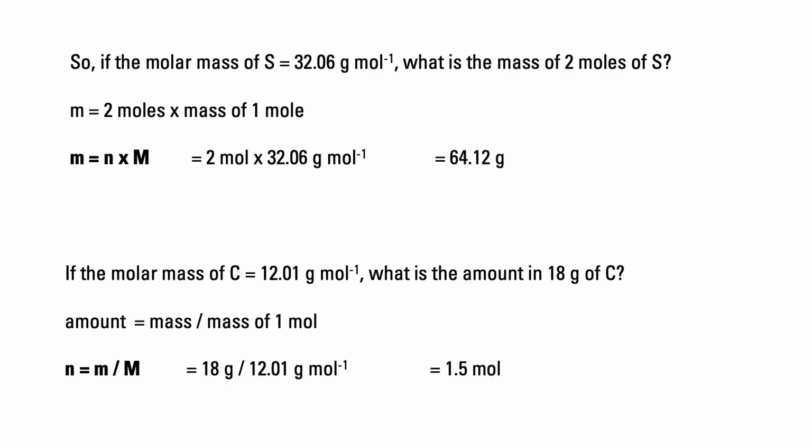So n is equal to little m divided by the big M. In this case, it's going to be your 18 grams divided by 12.01, the grams that are in 1 mole, and that's going to give us 1.5 moles, right? So 1 mole of carbon weighs 12 grams, 1.5 moles of carbon weighs 18 grams, and so on. All right? Hopefully this makes sense.